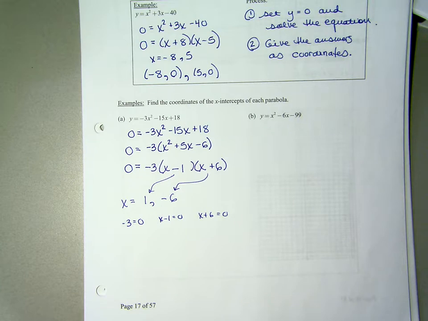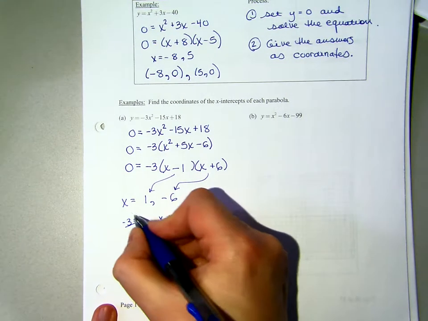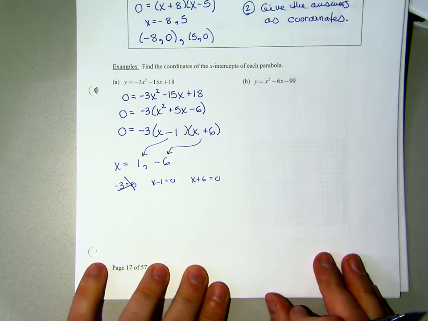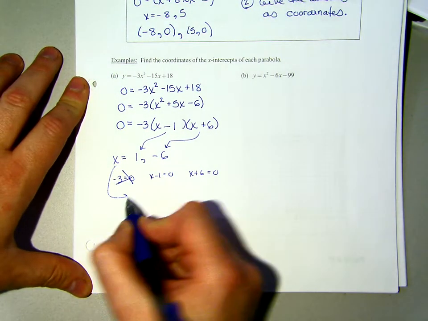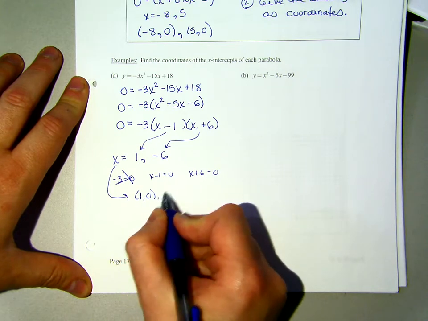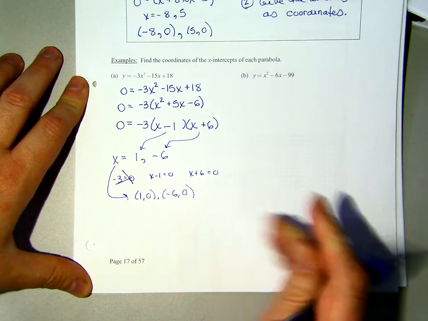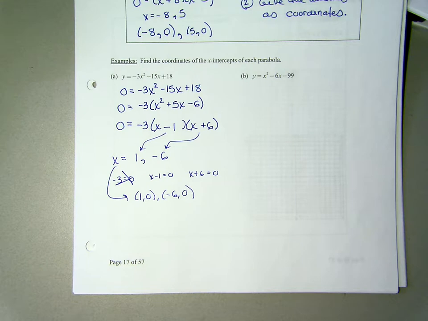What does that give you? What's the answer to that equation? Undefined, no solution. You can't solve negative 3 equals 0. That negative 3 out front doesn't give you any solutions. They just come from the other pieces. Of course, I should write these as coordinates, so 1 comma 0 and negative 6 comma 0.